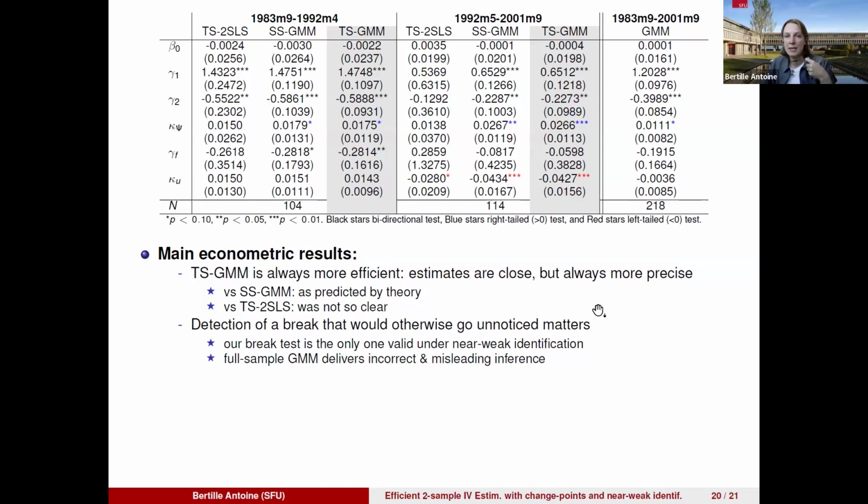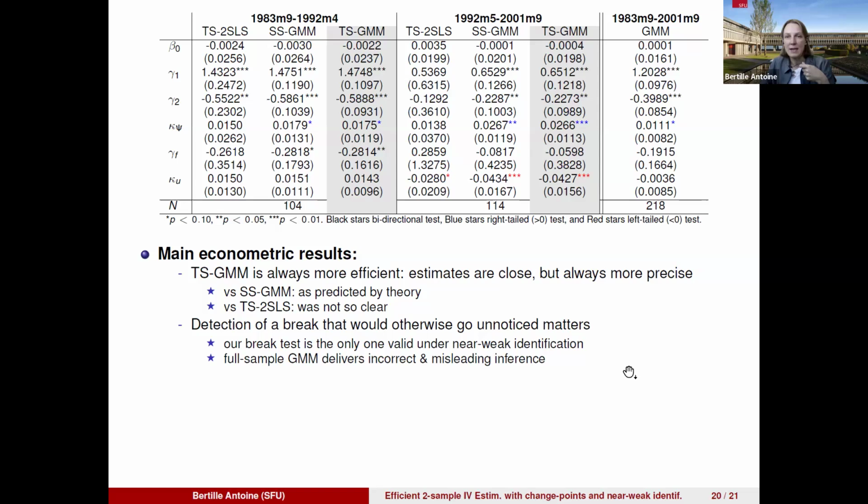What we can notice is that there are significant changes between what you get for the first subsample and the second subsample. First and foremost, if you ignore those breaks, the information you get from the full-sample GMM is very unreliable. As you would expect, when the breaks are ignored, the message is kind of wrong. That's, I guess, the low-level thing.